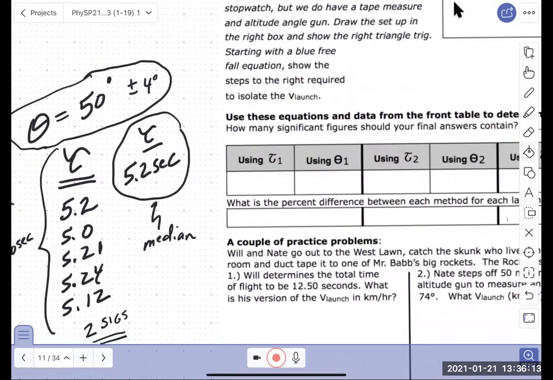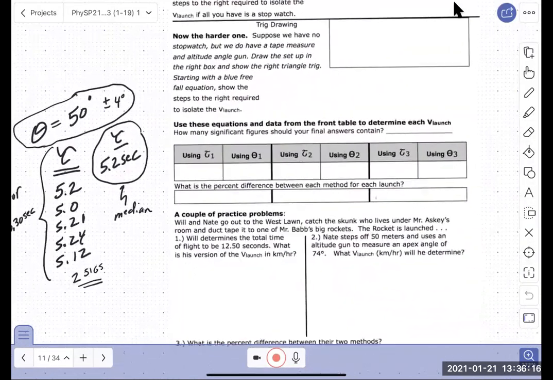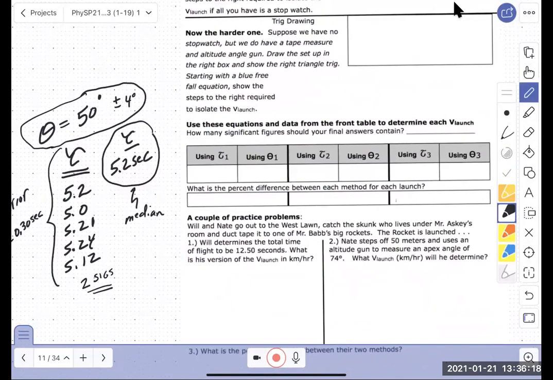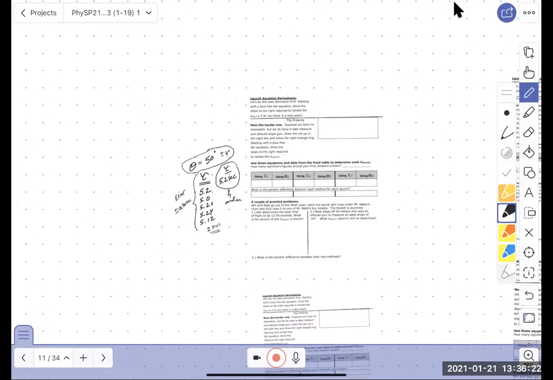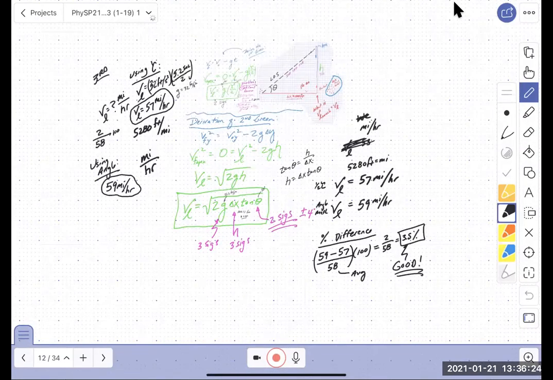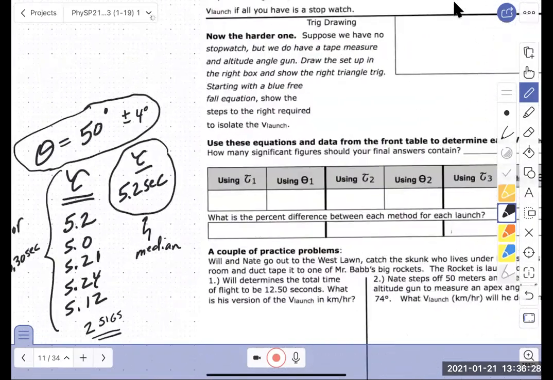So we said 57 for tau. Okay. So you'd plug in using tau 1. We said 57 miles per hour, and then we said 59 miles per hour for that one. And the percent difference, we got 3.5%. And I don't care, but we're not doing those.